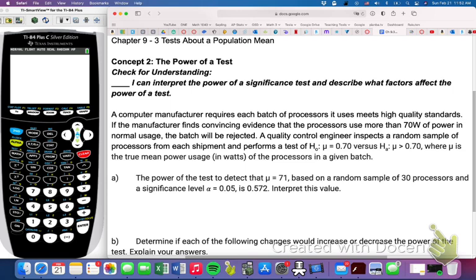Question A, the power of the test to detect that mean is equal to 71 based on a random sample of 30 processors and a significance level of alpha equals 0.05 is 0.75. Interpret this value.